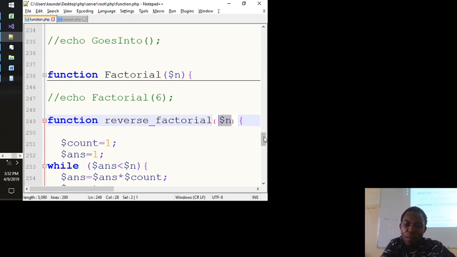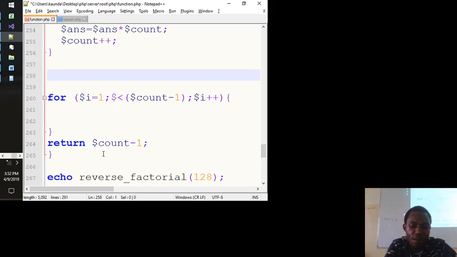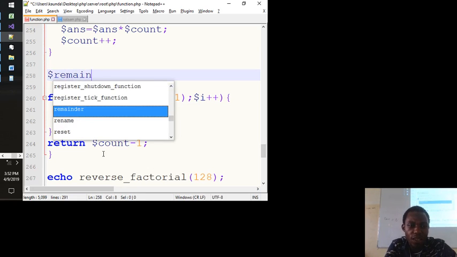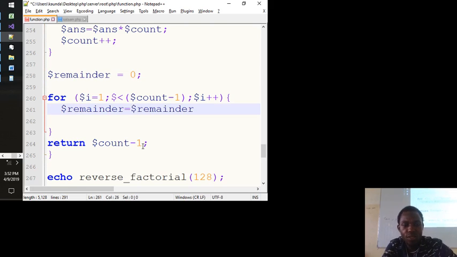So for example, if I'm given this and I come here, let's say I have a variable, let me call it remainder, is equal to 0. So inside this, I will do remainder equals to remainder times this.